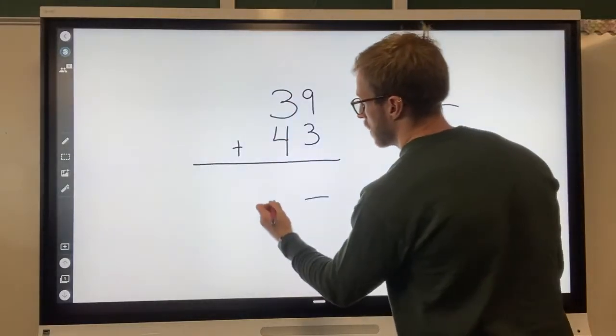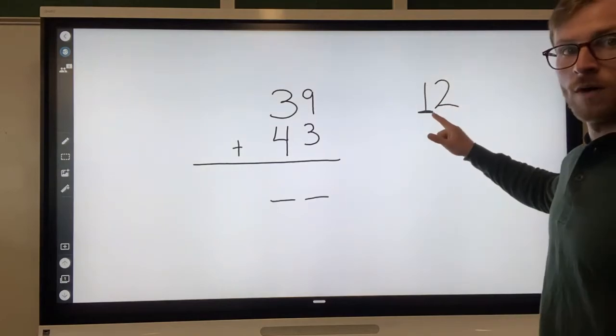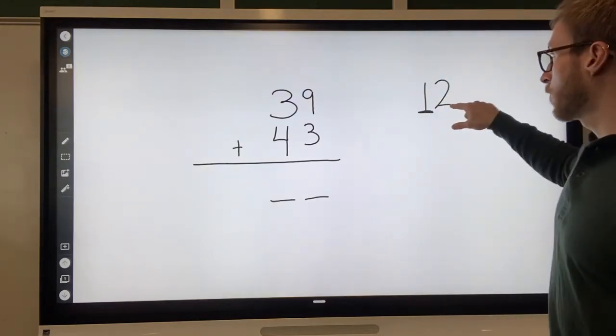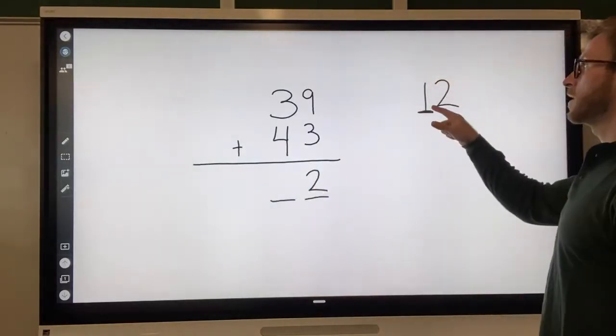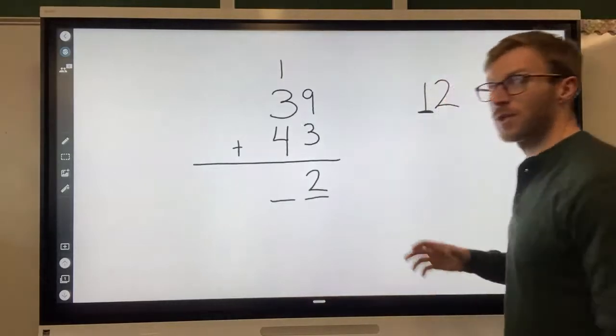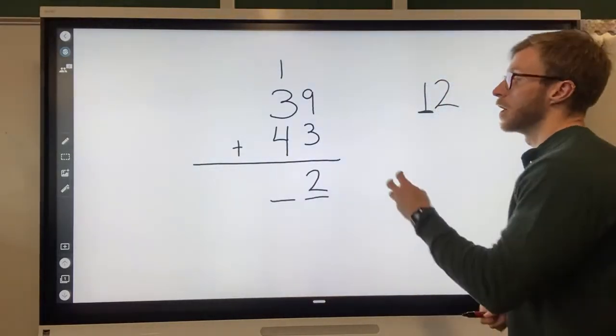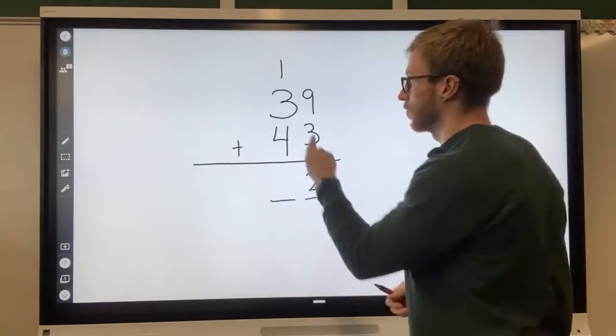Here's going to be my tens place number. Okay, let's look at the number 12. Take the ones place number, which is 2, and we write 2 in there. Then we take this 10, and well, we have another 10, so we put it over here. We carry the 1. So that's what we call it. We're carrying that 10 over to where the groups of 10s should be, which is here.